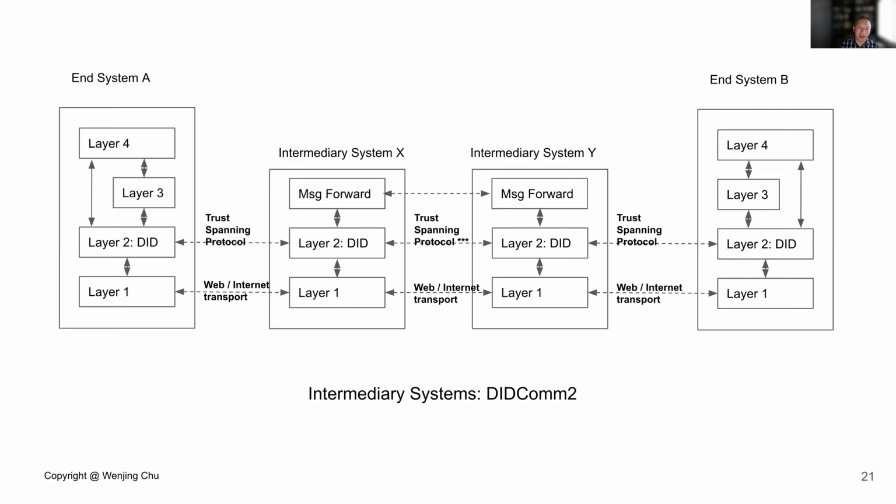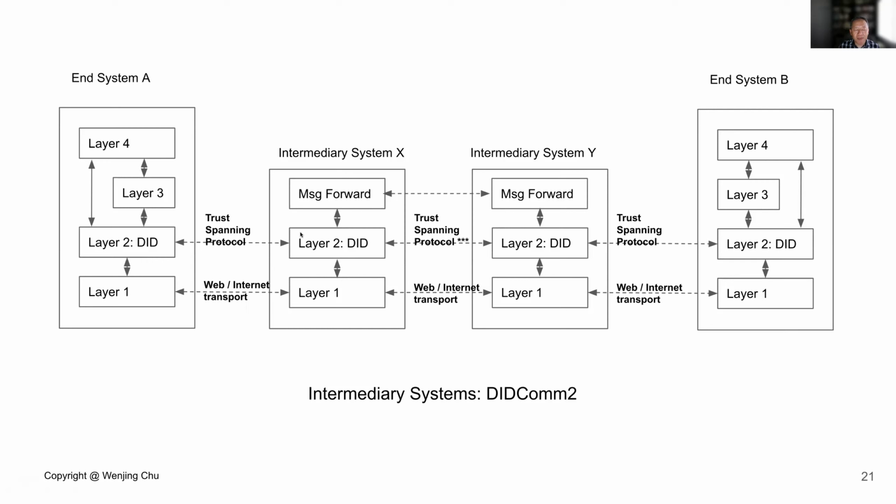The mediator does message forwarding by wrapping one message with another layer of encapsulation. In this example, these intermediary systems talk to end system A based on the trust spanning protocol as a way to deliver the message.